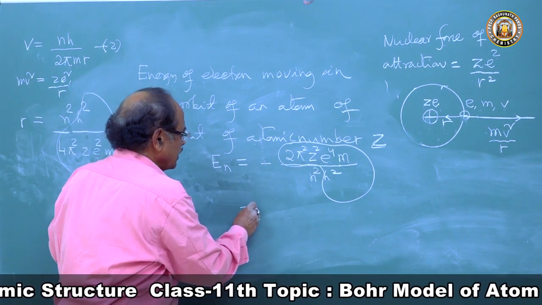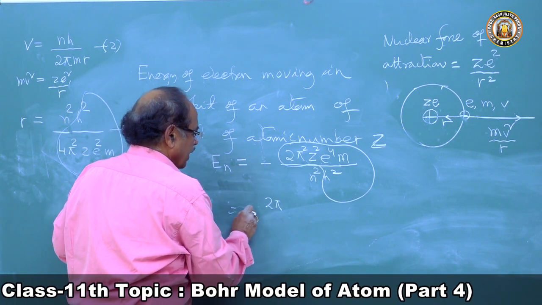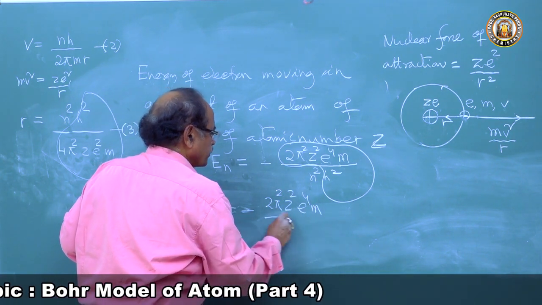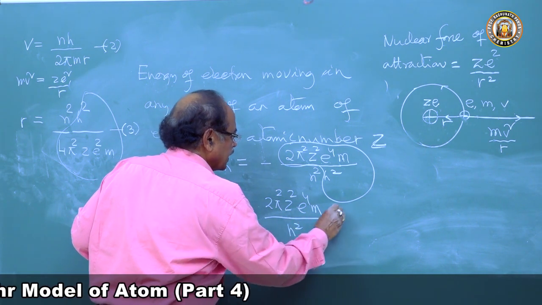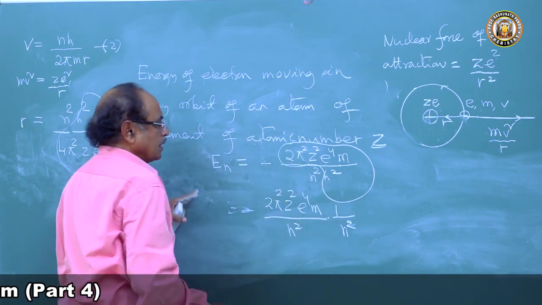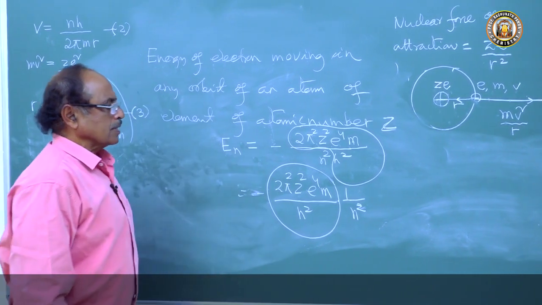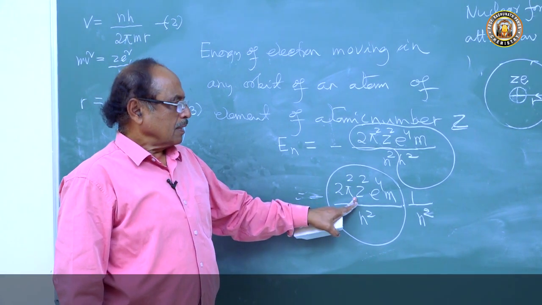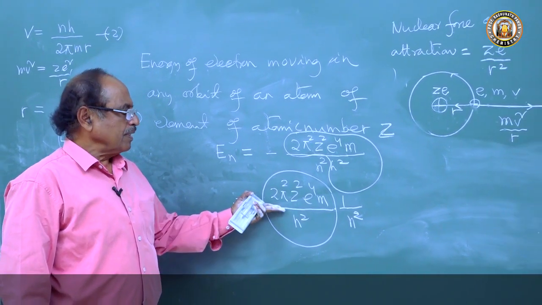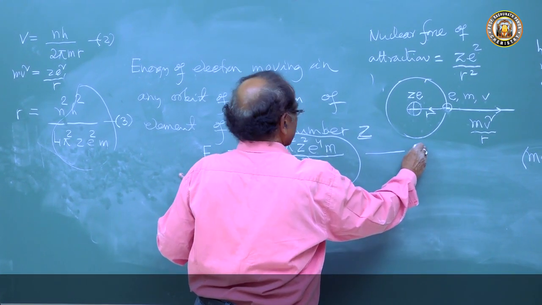That constant is minus 2 pi square Z square e fourth m by h square, which is a constant, into 1 by n square. If you put the value of all these things, you will get a constant value, and this constant value into 1 by n square will be the energy of the electron. So this is the equation. We get here equation 4.